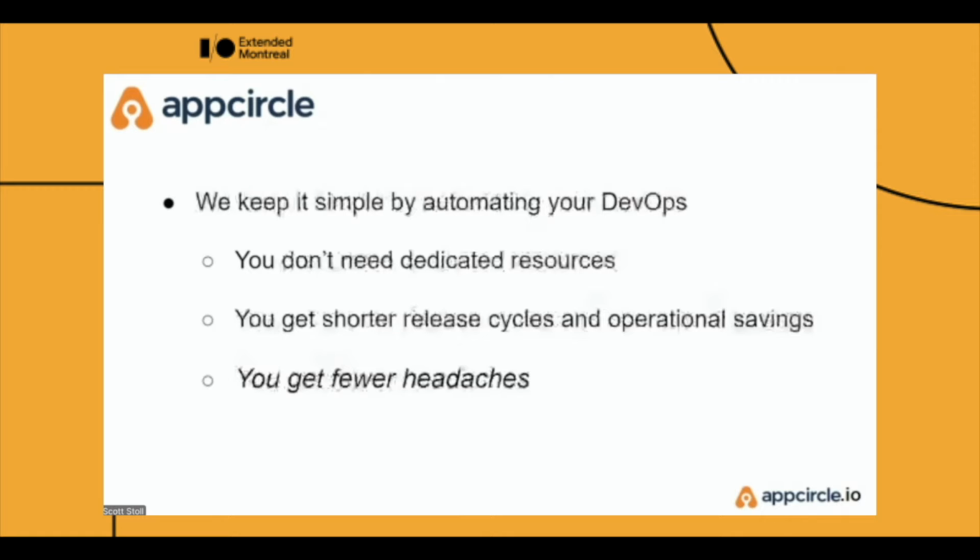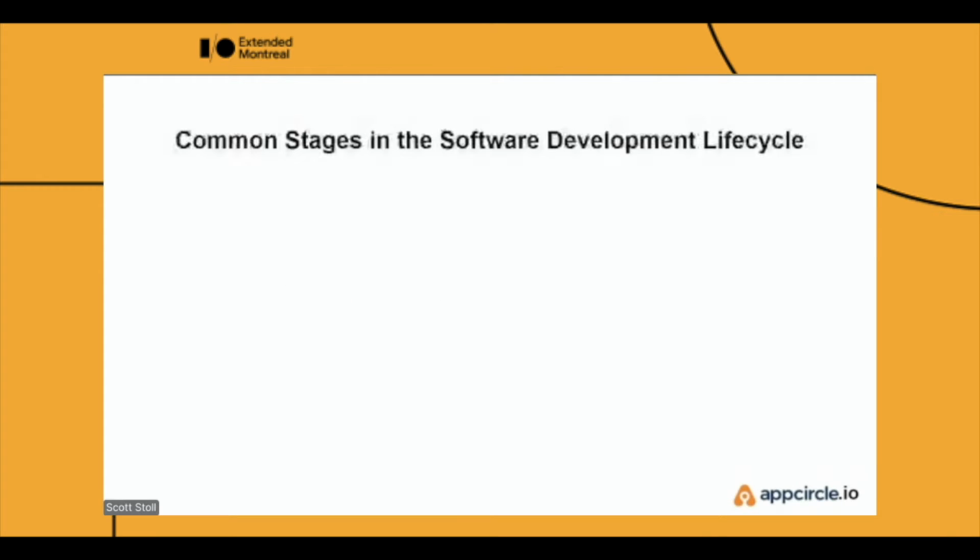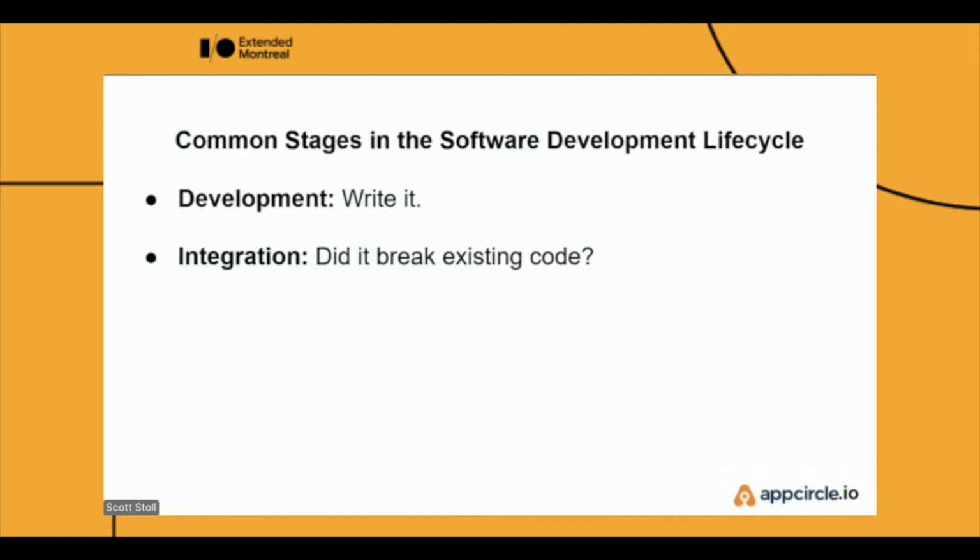So moving on to the presentation itself. What is CI/CD? Before we get into exactly what CI/CD is, we really should take a look at the common stages in the software lifecycle. First of all, of course, we want to write it. After we write it, the next thing we need to do is make sure we didn't break anything.